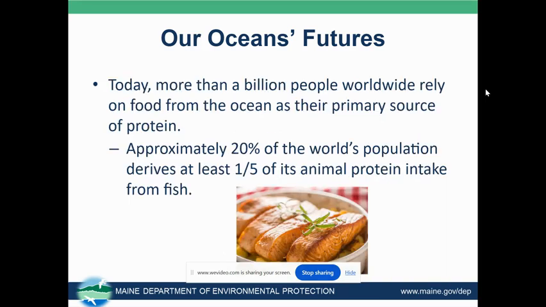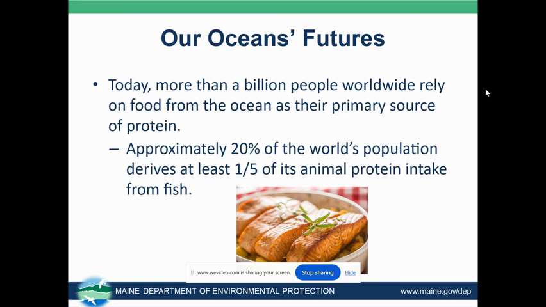Okay, more than a billion people rely on food from the ocean as their primary source of protein. Right? There's an abundance of life in the ocean. And we do have a lot of our cities and human populations that live near the ocean.